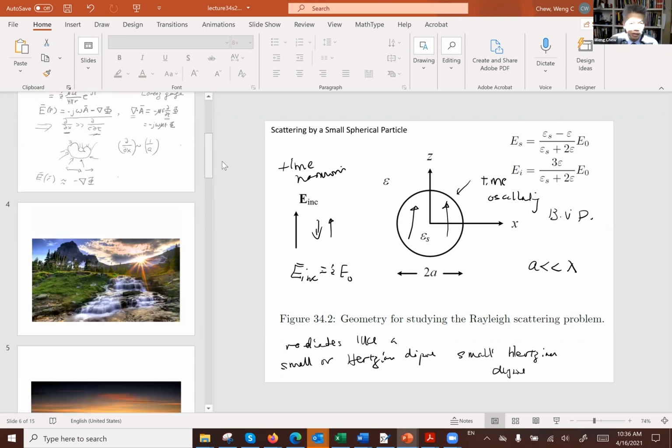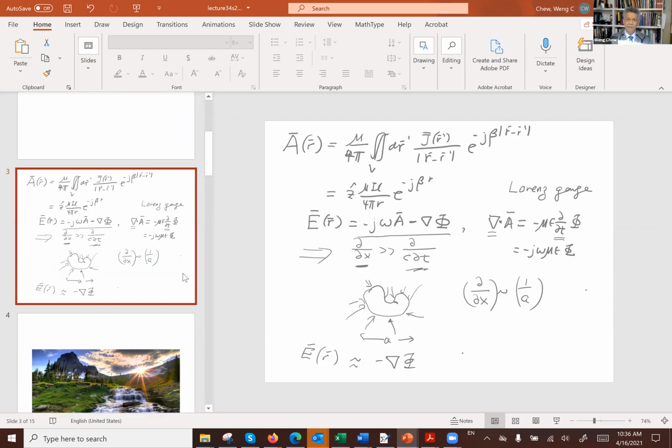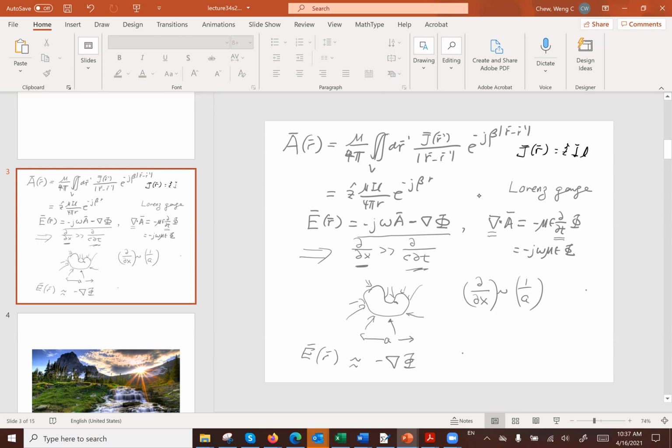So after you have solved for the current of the dipole, which can be approximated by that of a Hertzian dipole, so if J(r) is equal to that of a Hertzian dipole, which we have derived before, okay, the Hertzian dipole has a current distribution that looks something like this. And you can plug it into this radiation integral that we have derived before.